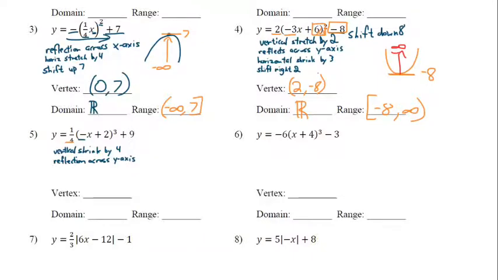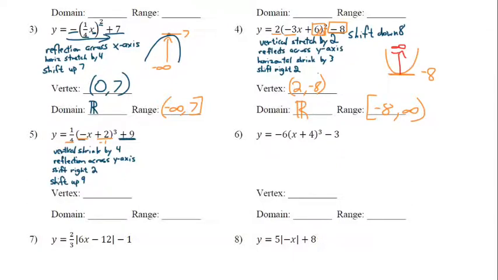Alright, this 2 on the inside, remember we got to divide it by what's in that, so that's a 2 divided by negative 1, which makes it a negative 2. So that is a shift right 2. And then this plus 9 is a shift up 9, because it's outside, it goes up or down.